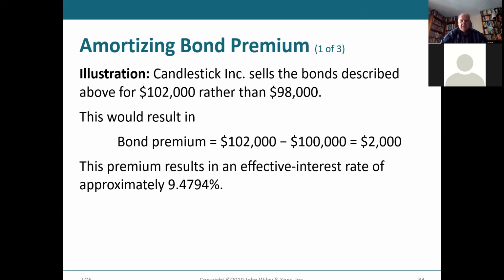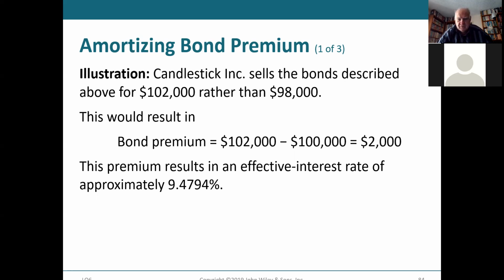And now Candlestick decides to sell the bond in the open market, okay? They sell the bond described above for 102 rather than 98. Now they're getting a premium and they're paying the effective interest rate, which is the market rate, by the way. The effective interest rate is the market rate.